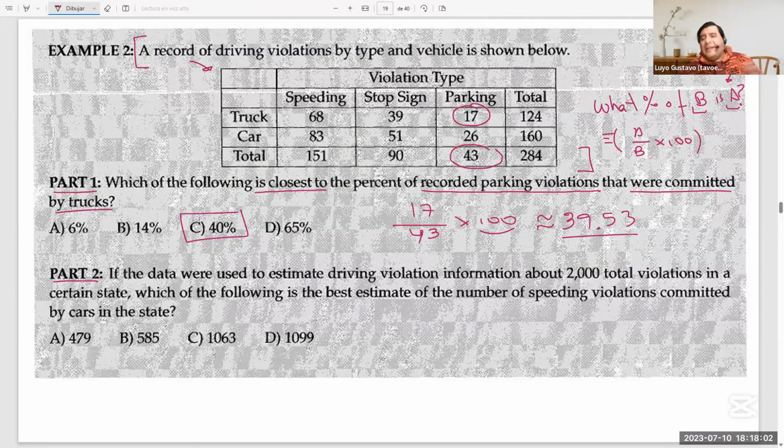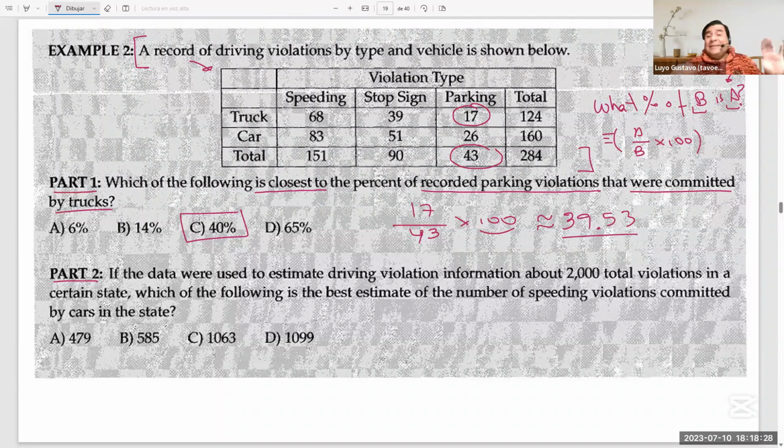What could be a strategy here in this question? Since we are talking about a very high number of total violations in a certain state, 2,000, compared to the table, which only records 284 driving violations, our strategy could be like this.